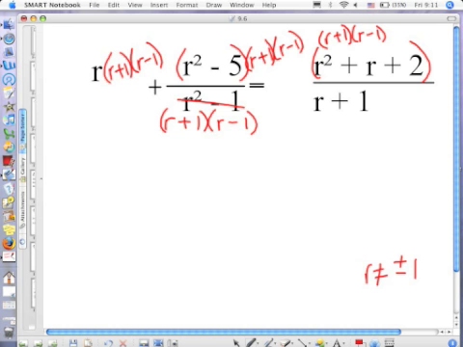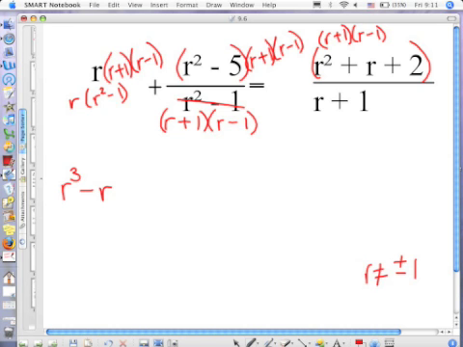Now, nothing cancels in this first one, right? Because there was no denominator. So I've got to multiply r times r plus 1 or minus 1, which is r times r squared minus 1, which is r cubed minus r.